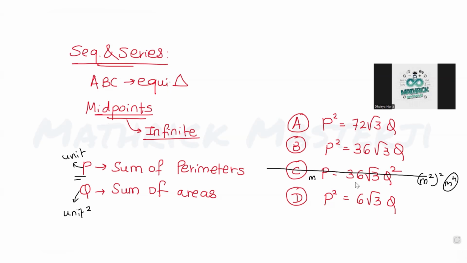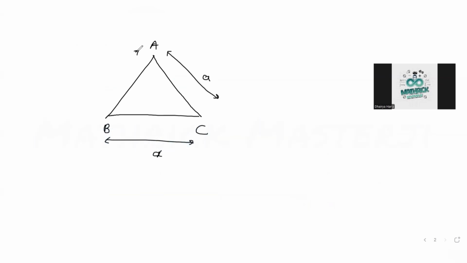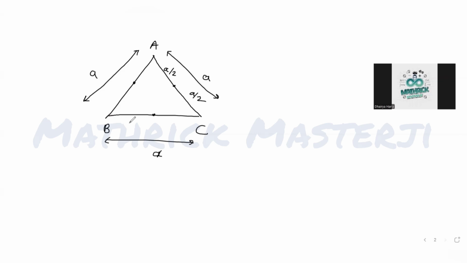If I first draw an equilateral triangle ABC, let's say the measure of each side is A. Now in that I have to form infinite triangles by joining the midpoints of the sides. If I join the midpoints first, this divides each side into A over 2, A over 2, so it becomes half of A. Now the new triangle, let's name it DEF, has all sides of length A over 2.